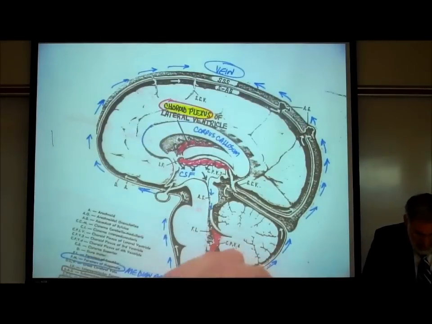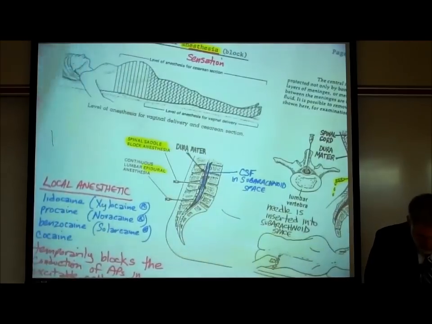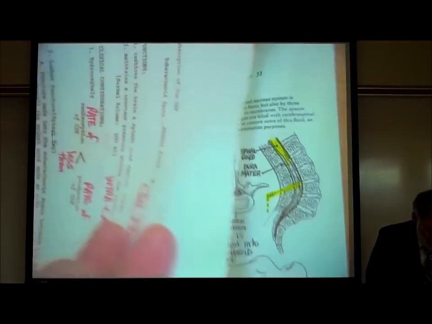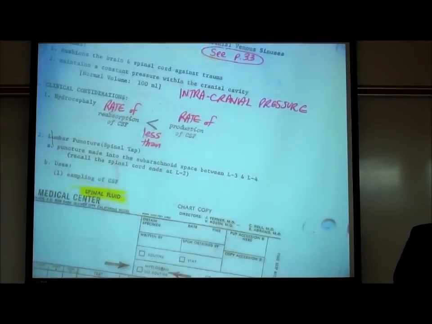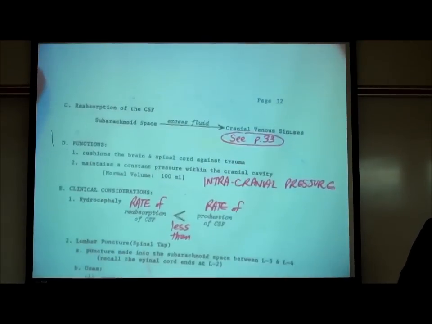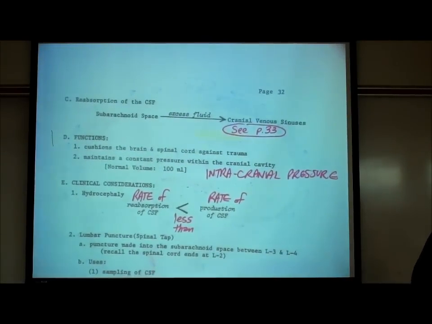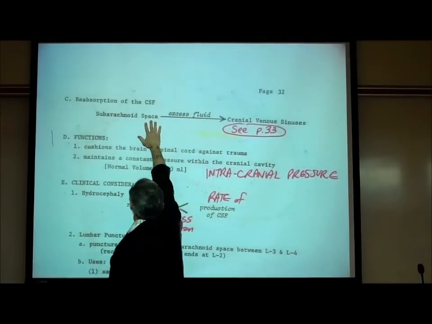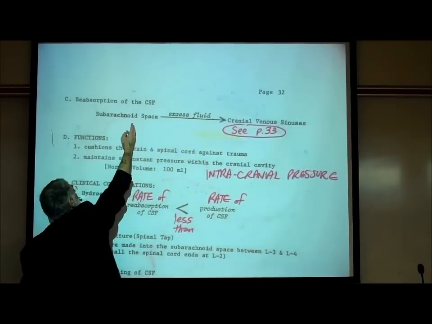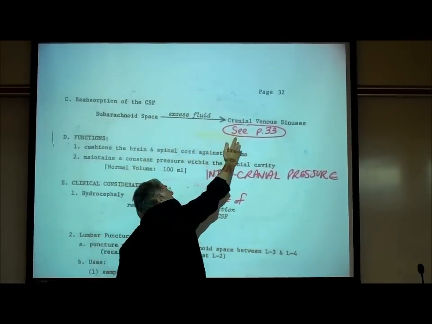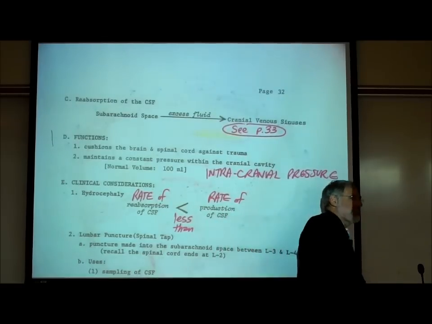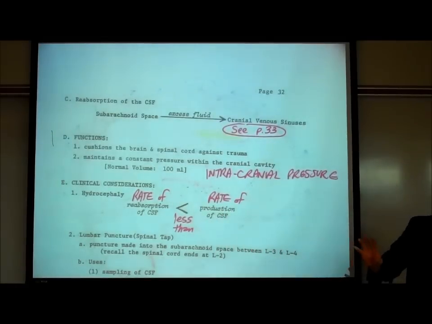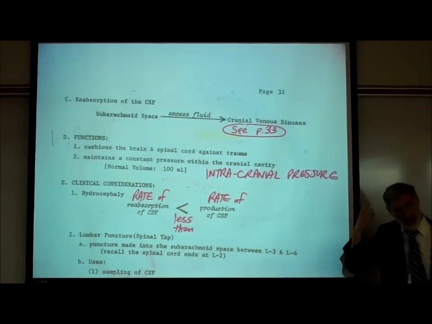Now, we can see another picture of this if we look on page 30, actually, just first look on 32. On page 32, I tried to summarize this, that this cerebrospinal fluid, the excess fluid goes from the subarachnoid space into these cranial venous sinuses, these big thin-walled veins in the head.